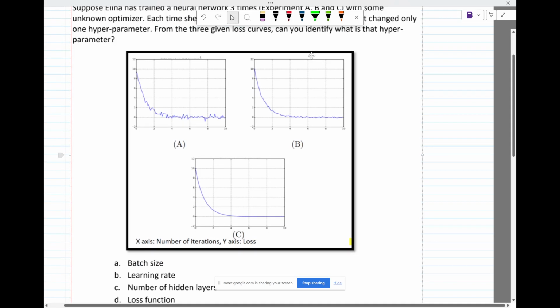So x-axis is number of iterations, y-axis is loss. So maybe it's the training loss, we can assume. So if we look at these 3 plots, what is changing is in the first plot, you're starting from sort of the same loss, which is a high value like 10, and then the loss is decreasing around 4, and then it's becoming stable.